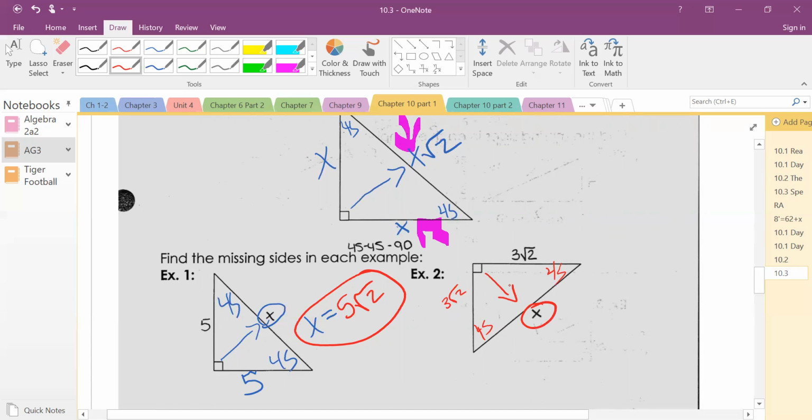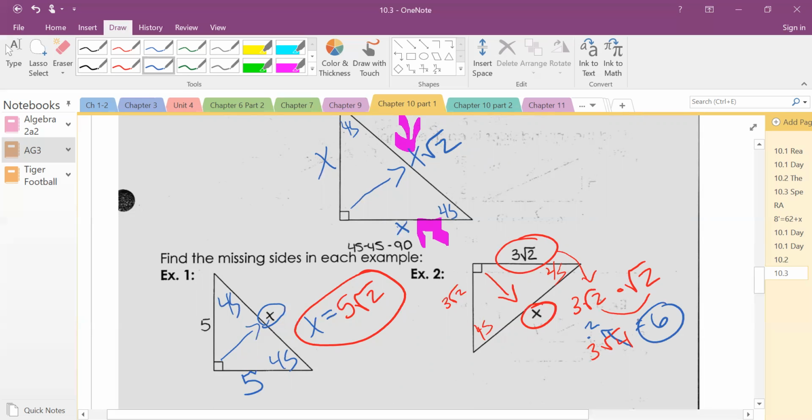We know the hypotenuse is √2 times one of the legs. So let's set up our little problem here. We have 3√2, one of the legs, times √2, because that's our hypotenuse formula. Let's simplify. Remember, multiply the roots together. We have 3 times root 4. What's root 4 equal? 2. We have 3 times 2 equals 6.